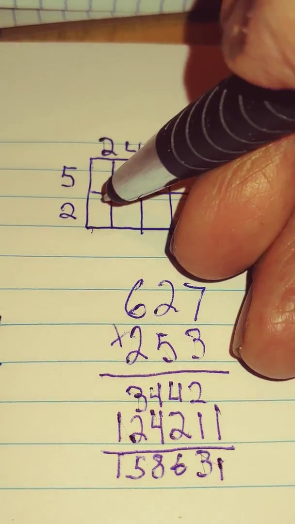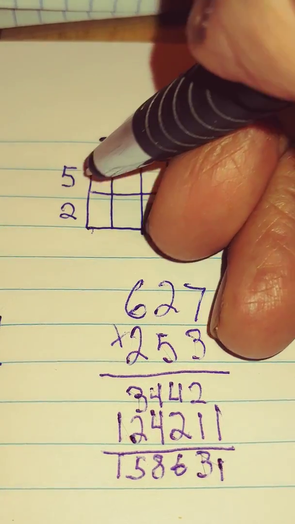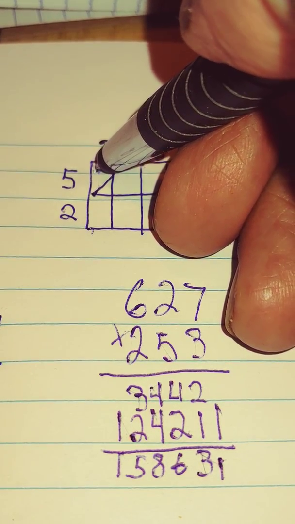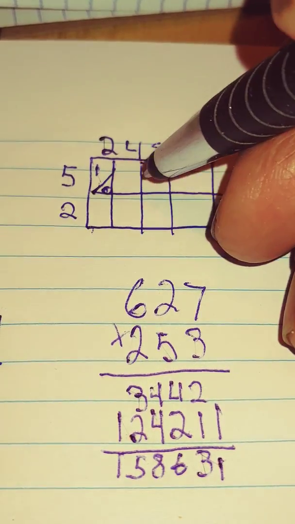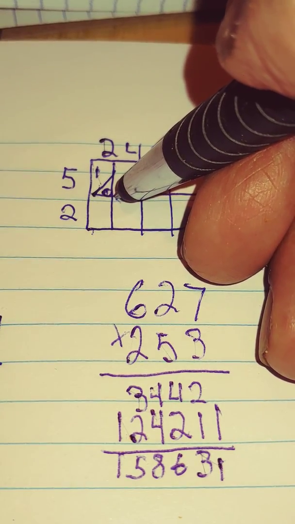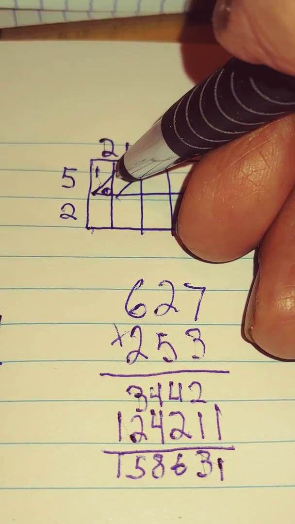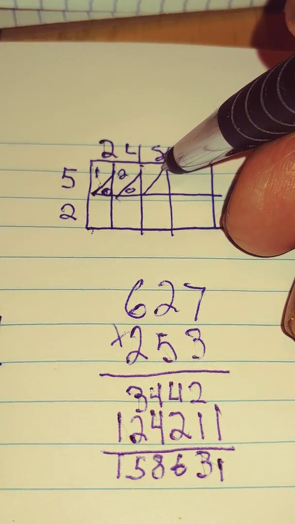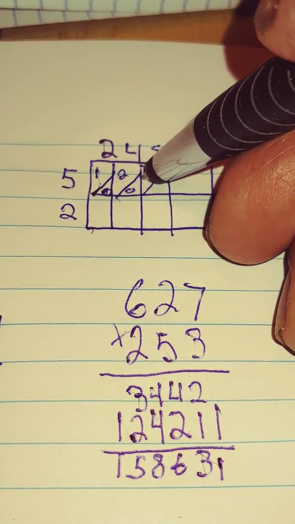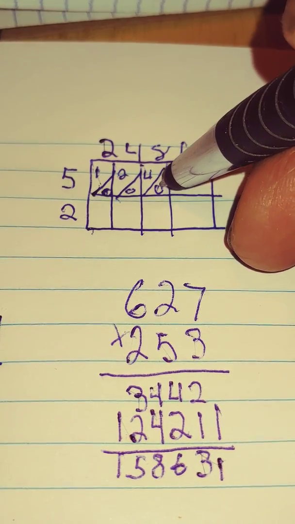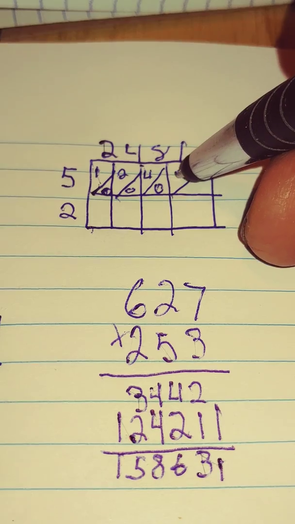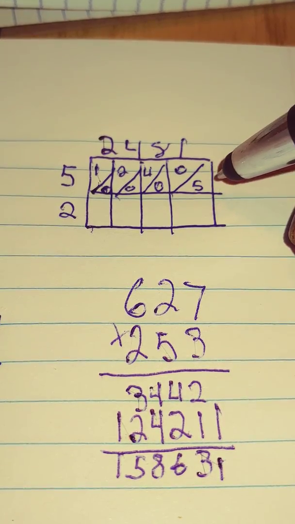Okay, so it's the same thing. It's kind of hard to do with a small number, but anyway, it's going to be a 10. I won't go all the way across this time. This will be a 20. And this will be 40. And this will be 0.5.